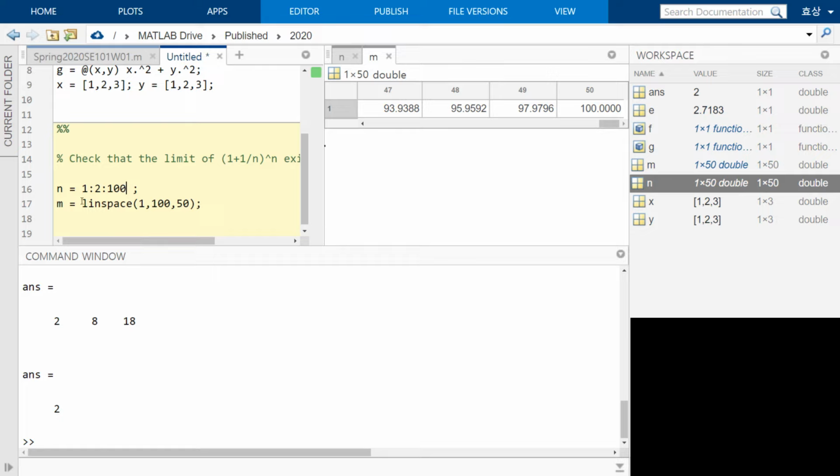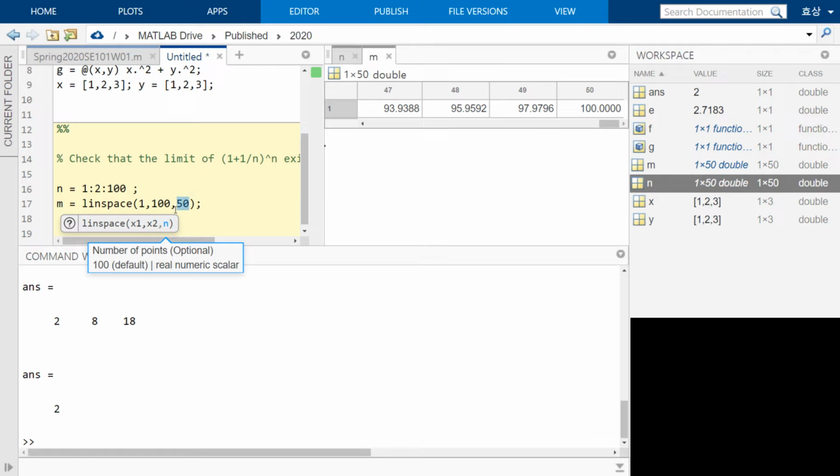But linspace satisfies all of these options: we have the first value and the number of values, and you divide the interval from 1 to 100 into 50 values. The 50 includes the first and the last values, so the interval is divided equally.